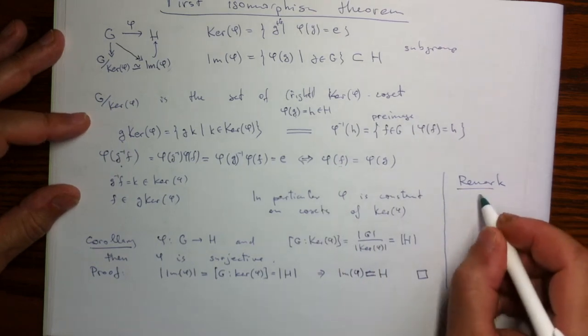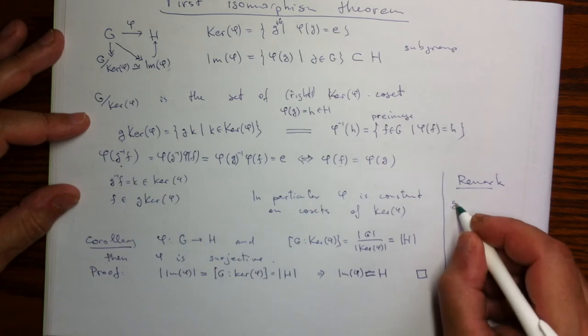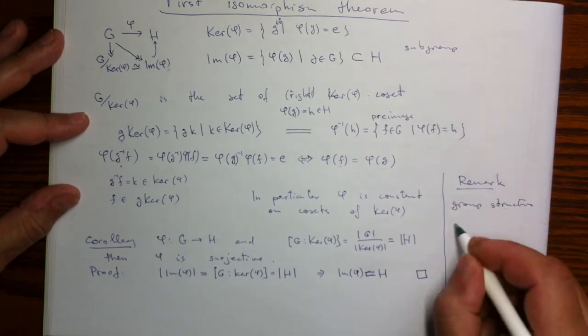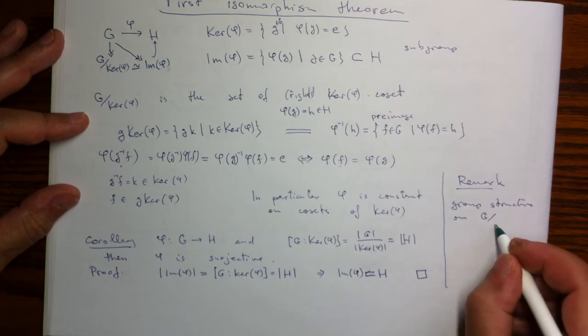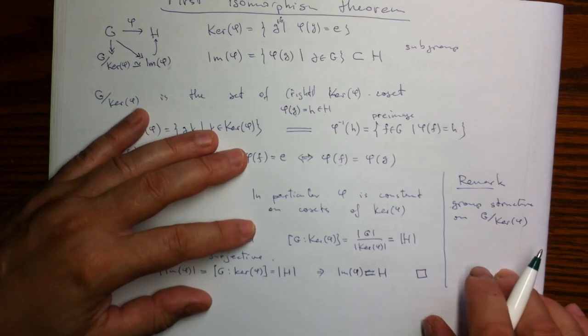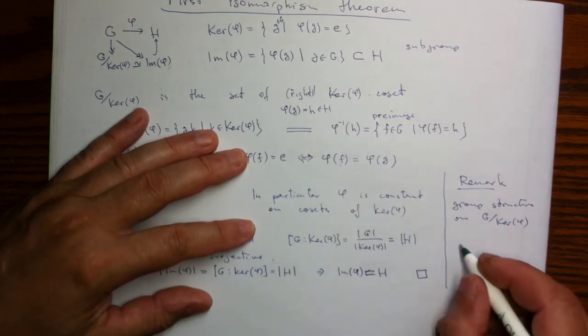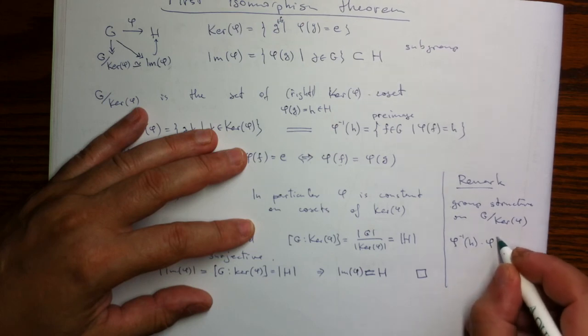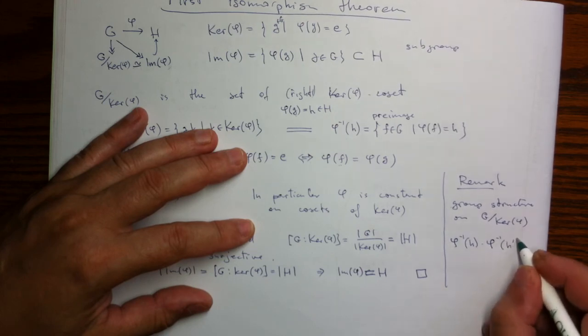So we have this group structure on the set of cosets, the quotient set, and the group structure in terms of this pre-image characterization, so it's just like that.